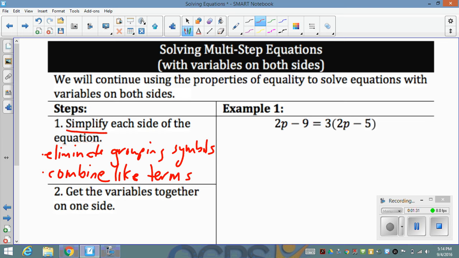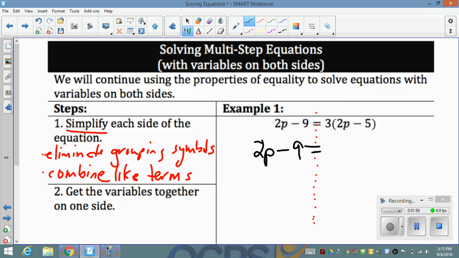Okay, so that's what we're going to do first. Now I'm going to draw a little dashed line where my equal sign is. And I'm going to simplify on the left, I'm going to simplify on the right before I do anything else. On the left, there's really nothing to do. 2p minus 9, there are no grouping symbols, there are no like terms. So that's just going to stay 2p minus 9 equals.